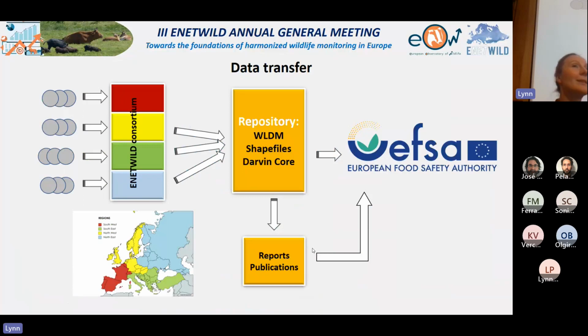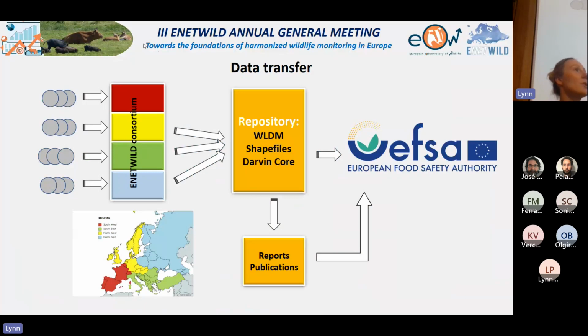Now, at this moment, we are at how our transfer of the data is going. So this workflow at the beginning, which I showed you, it's basically this arrow. We are collecting the data from the countries where all of the partners are connected.